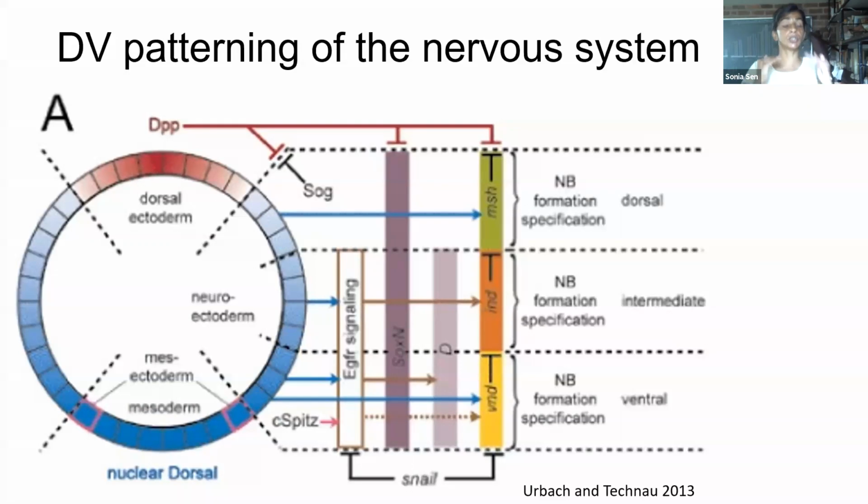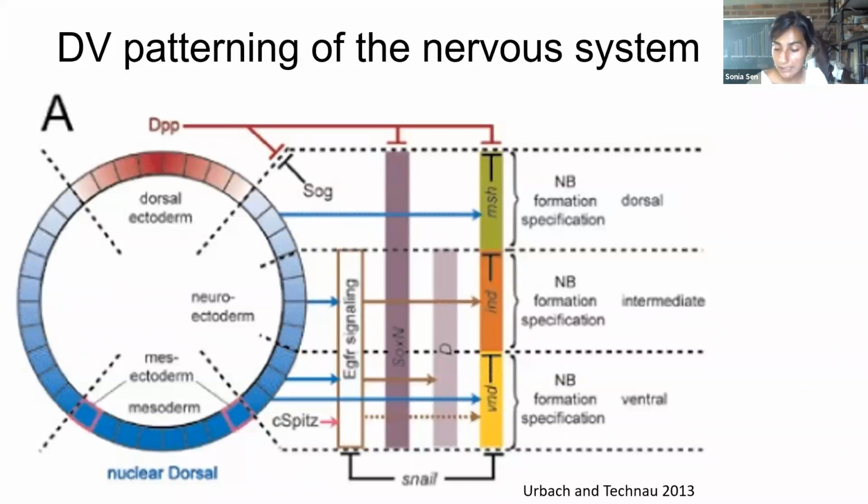VND ensures that no IND expression can occur more ventrally, so it inhibits IND expression. IND does the same to MSH. So what is set up by the morphogen is again being refined and locked into very distinct, precise gene expression domains, just as you saw in the anterior-posterior patterning.